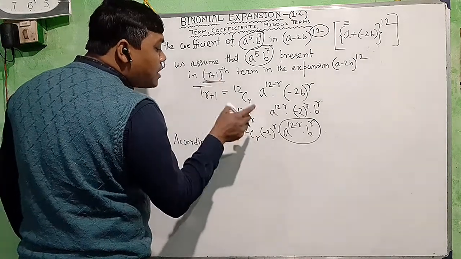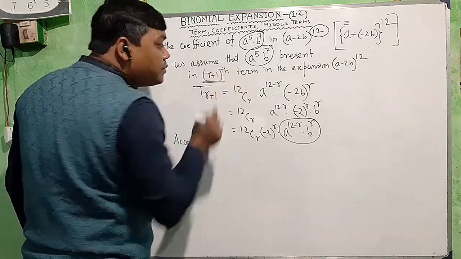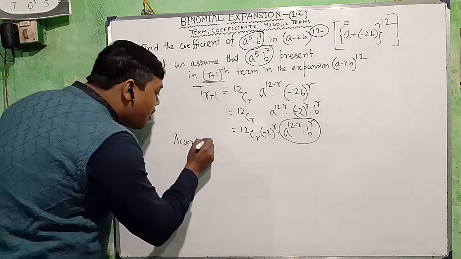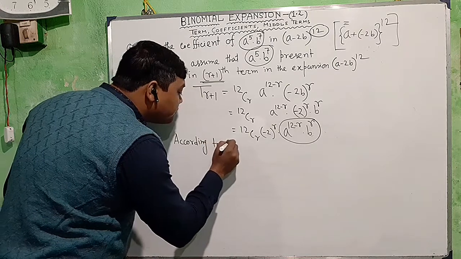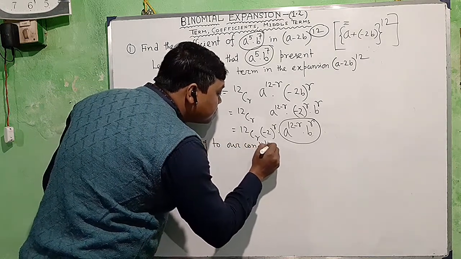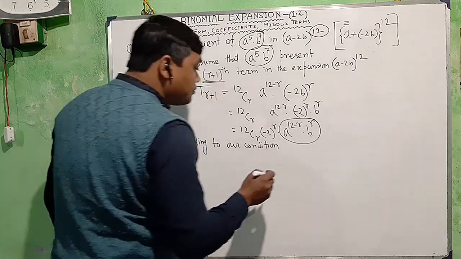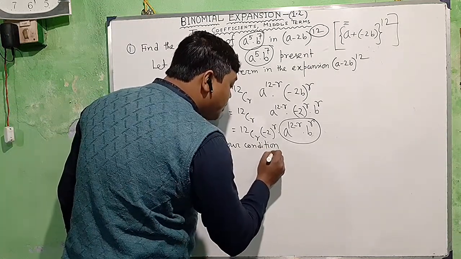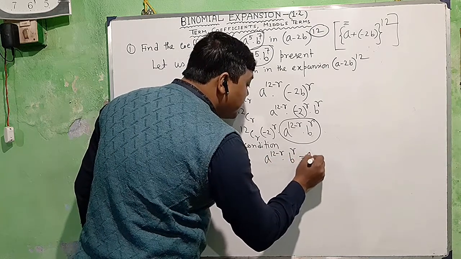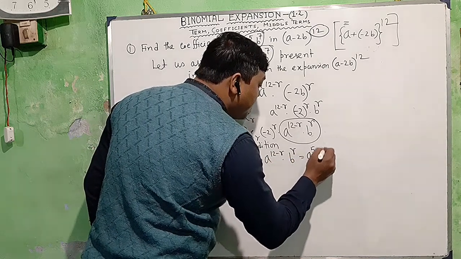So the r plus 1 term must contain a to the power 5, b to the power 7. So according to our condition, a to the power 12 minus r, b to the power r must be a to the power 5, b to the power 7.